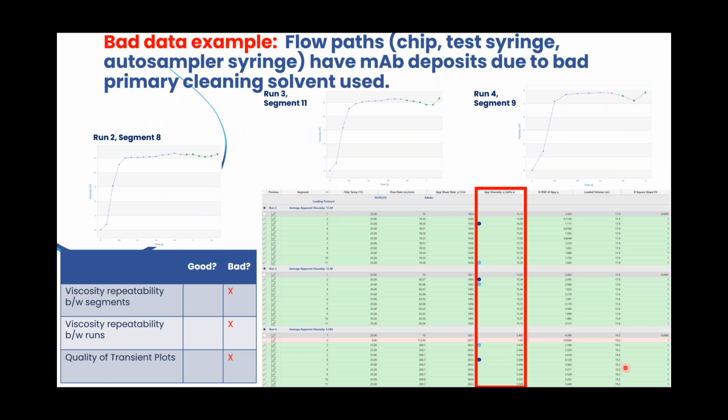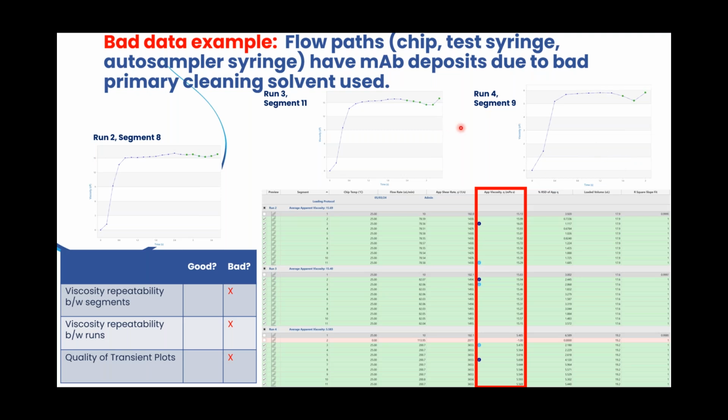Continuing with the presentation. My colleague Sohila was explaining the best practices for cleaning your samples. I'd like to go over what happens when you use a bad cleaning solvent. Here we show an example of what happened when one of our customers was using a bad primary solvent.